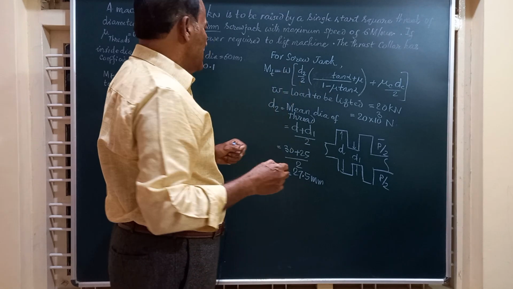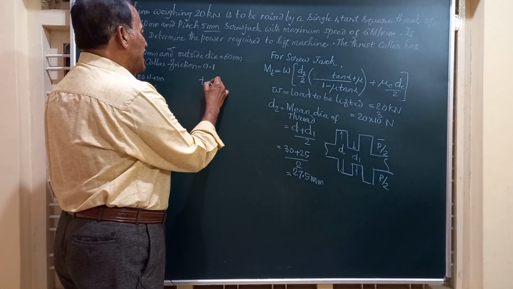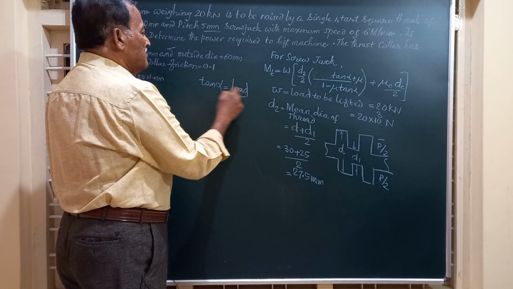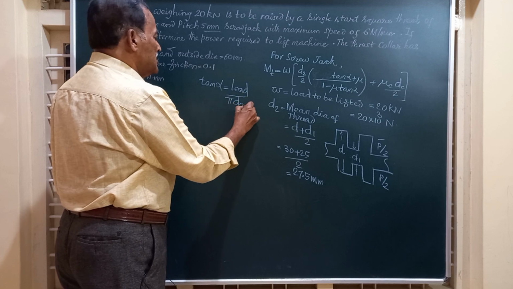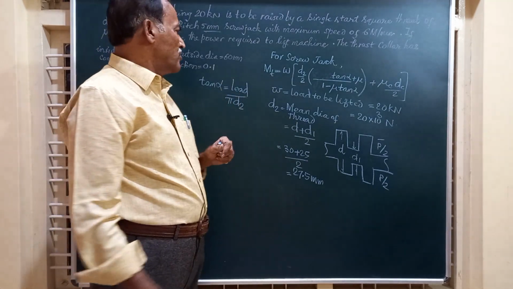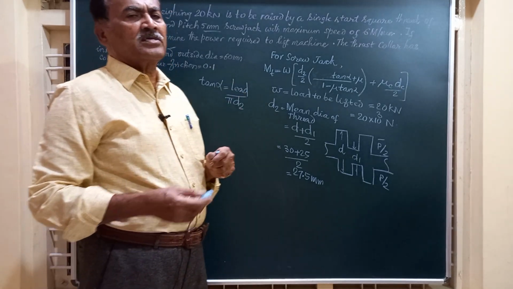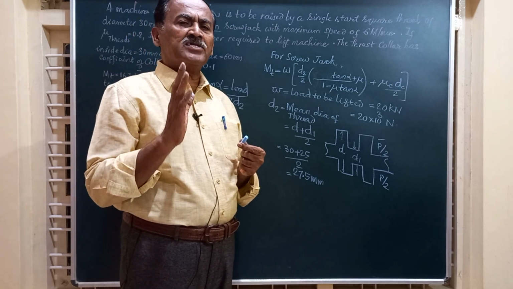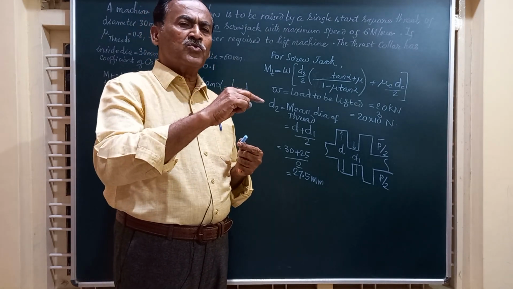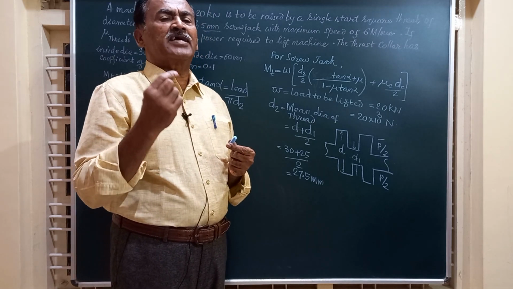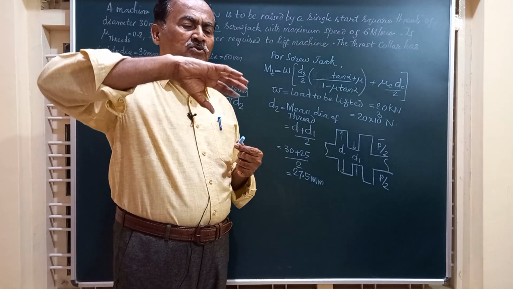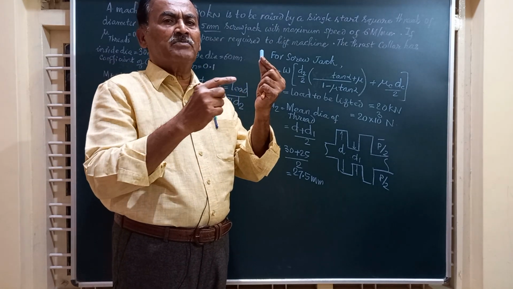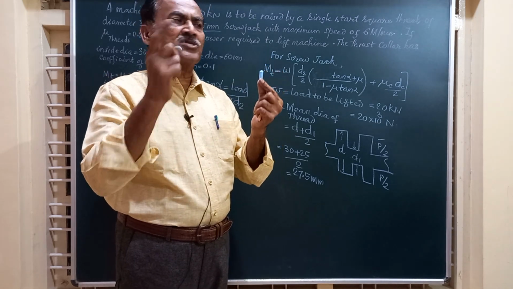Friends, tan alpha. If you refer to the handbook, tan alpha is equal to lead L by pi d2. This is available in the machine design data handbook. What is this lead? Friends, in a screw and nut arrangement, lead is the distance traveled by either the screw or the nut when one of them is held stationary. That is, if you give one rotation to the nut, keeping the screw rod stationary, the distance traveled by the nut along the axis is called the lead.